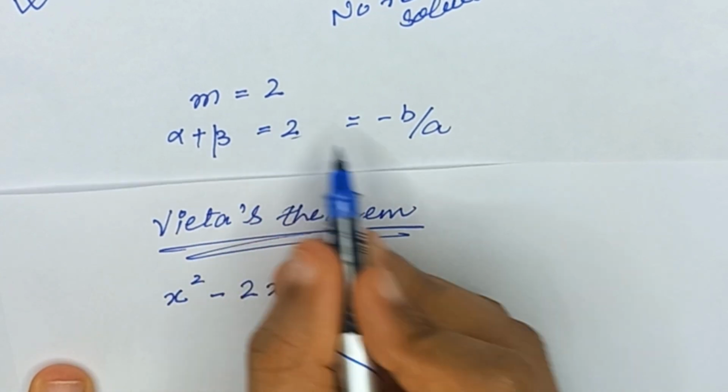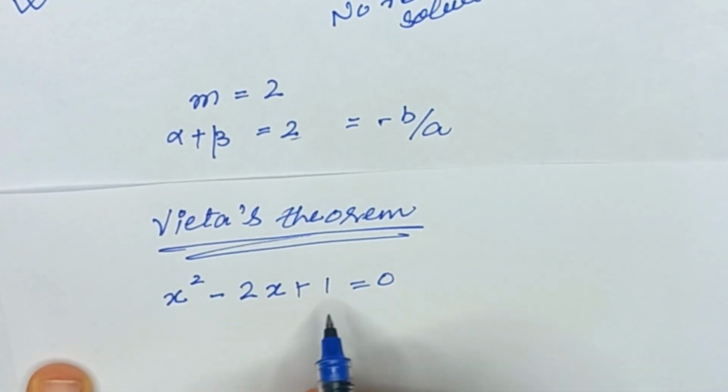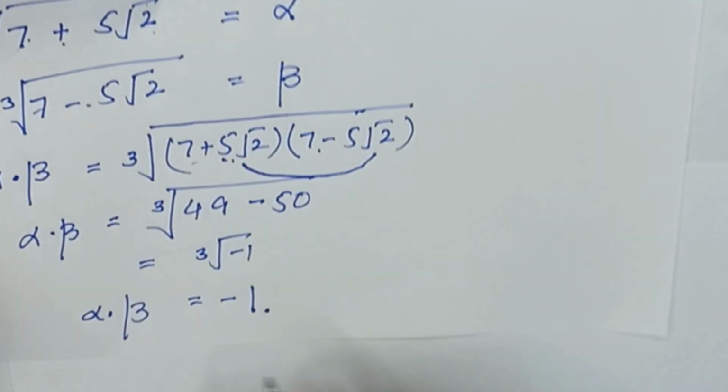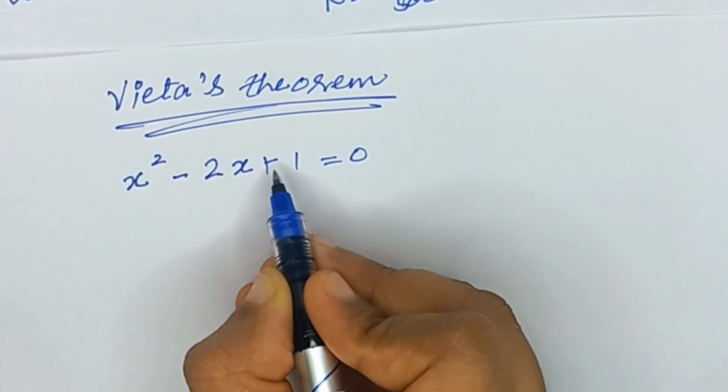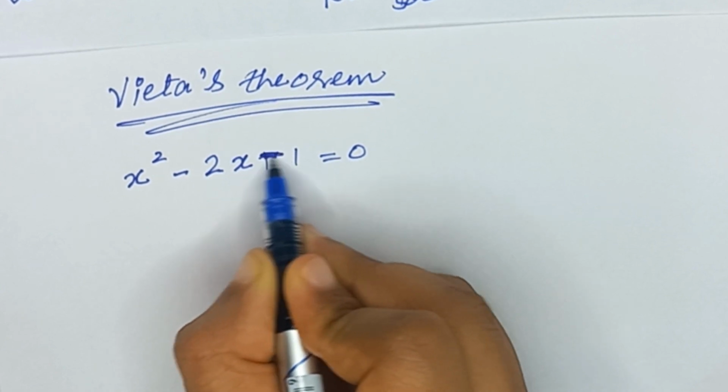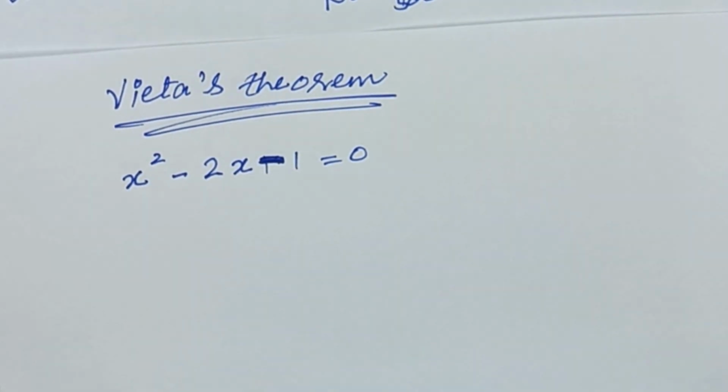So it will give us -2, and here alpha beta, c over a, will be minus 1. So it will be minus 1.